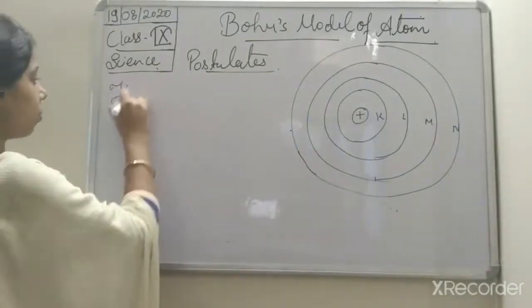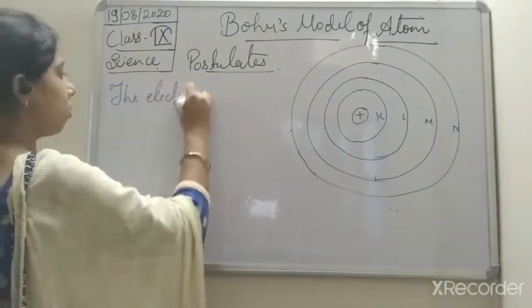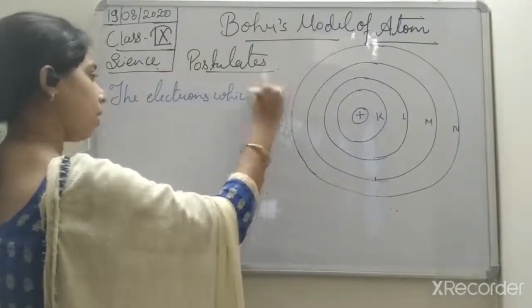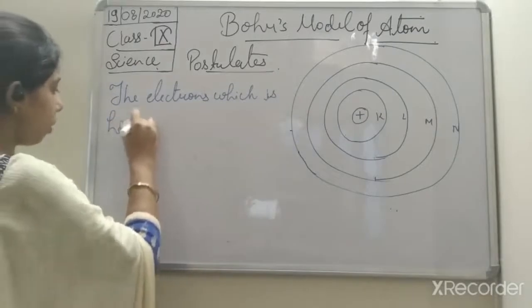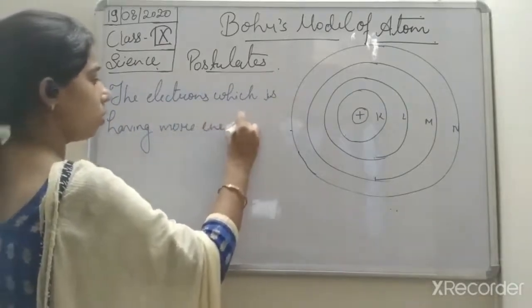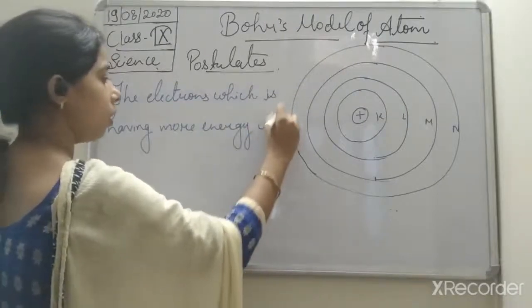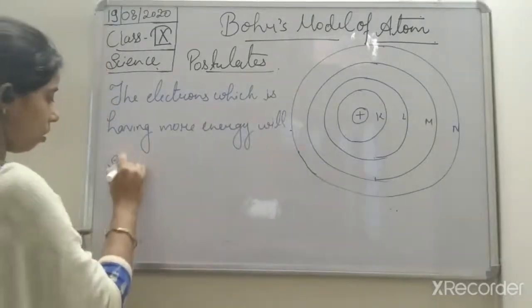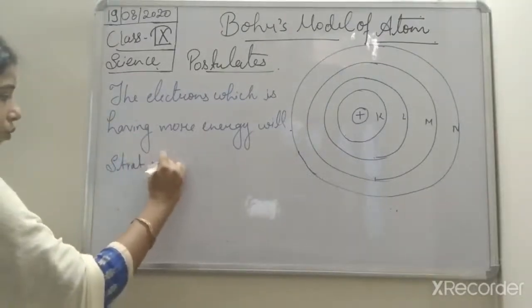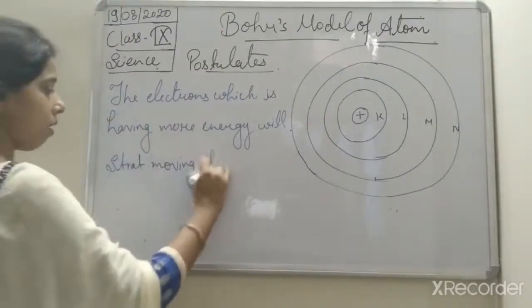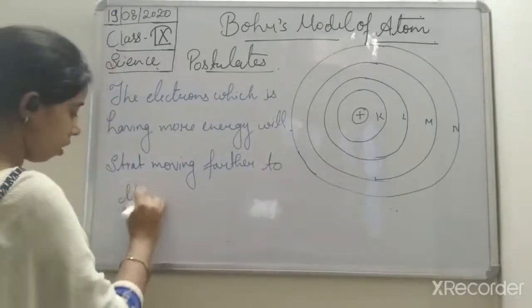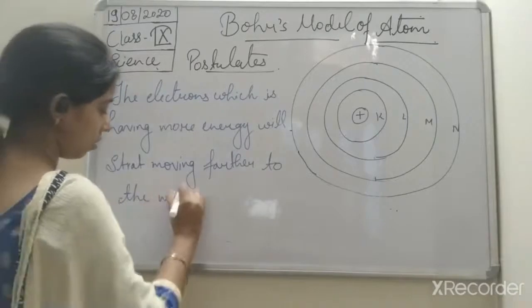the electrons which are having more energy will start moving away from the nucleus.